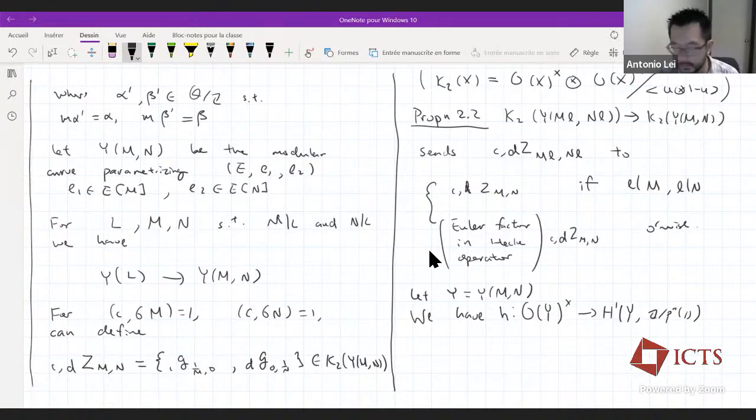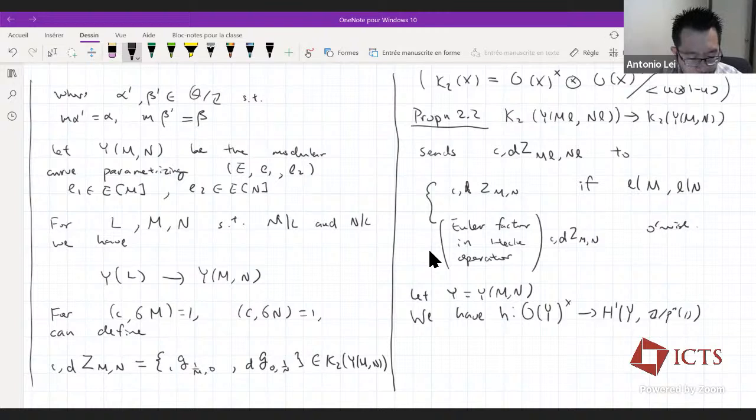When I write it like this, without saying anything, it's the étale cohomology on the curve. So you have a map a bit like the Kummer map you have seen for Galois cohomology.